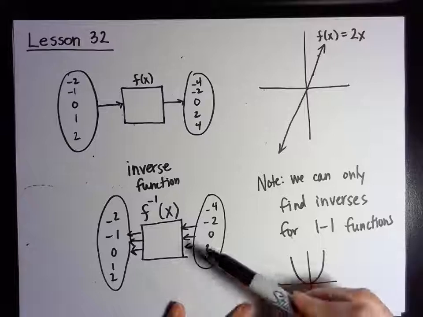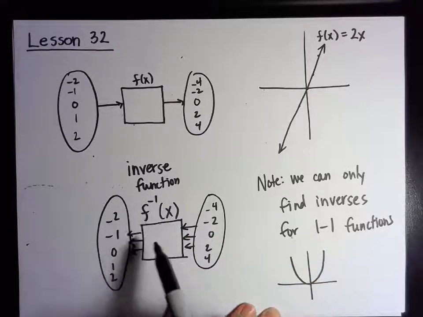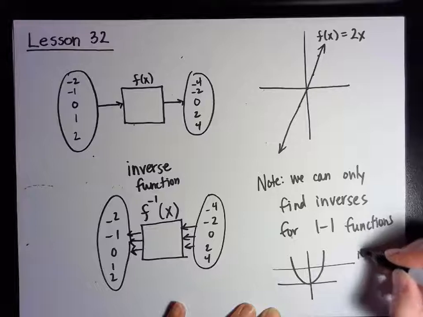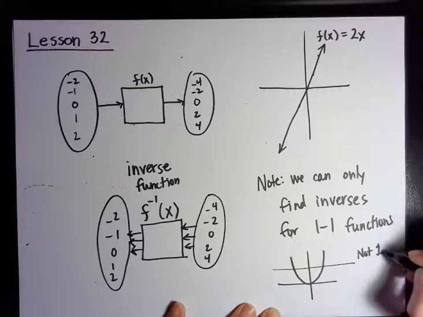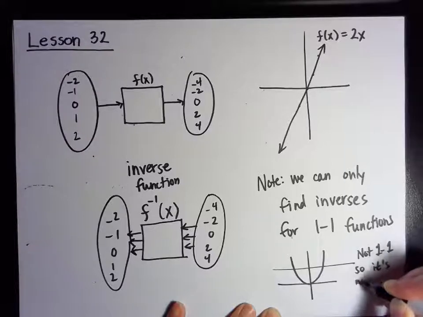If there's more than one value, I can't just spit out one answer. So it wouldn't be a function anymore. This inverse wouldn't be. So the only way for the inverse to actually be a function itself is for it to be 1-to-1. So this one does not pass the horizontal line test. This is not 1-to-1. So it's not invertible.